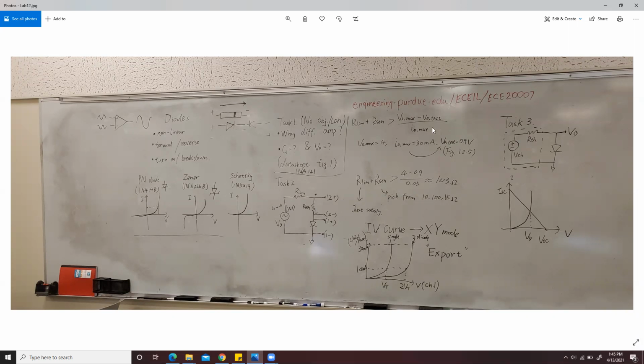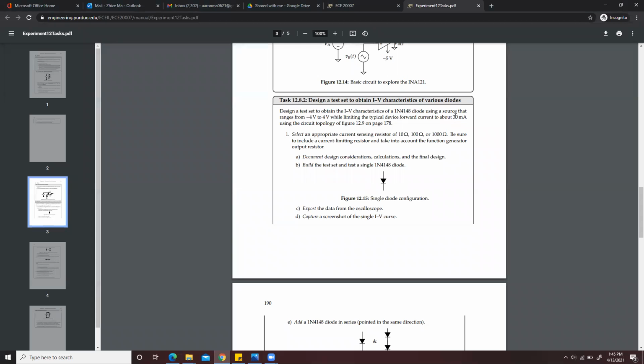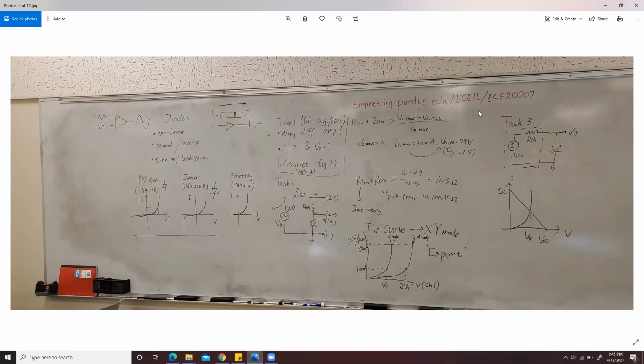And then the VD test and the ID max. These two mean the maximum current across this diode. If you check the question, the maximum current will be 30 milliamps. And if you find Figure 12.5 in the lab manual, this current corresponds to a voltage of about 0.9 volts.